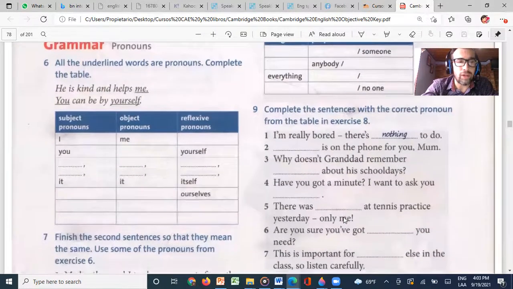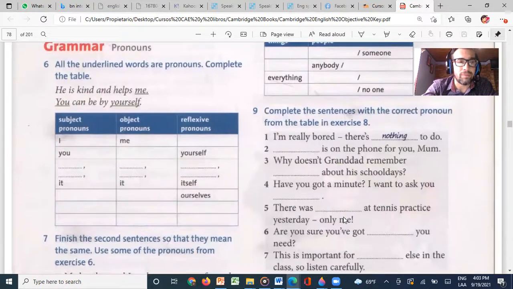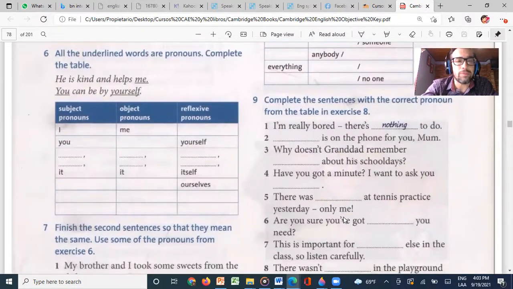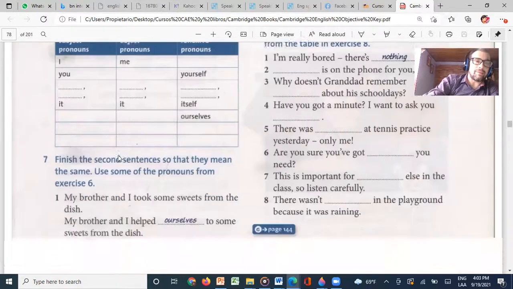Now, talking about pronouns, it says all the underlined words are pronouns. Complete the table. He is kind and helps me, or you can be by yourself. So here we're going to write the subject pronouns, the object pronouns, and the reflexive pronouns. So we can just fill out these blanks.